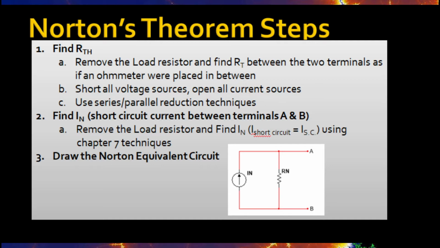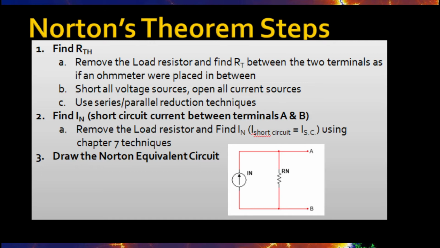It comes in as IN, and it gets split up through the RN branch and the load resistance branch. So there's only 2 branches. You still need to do a series parallel calculation at the end when you're swapping the loads out, but then you can go straight into your current division because you already know what the total current coming into this node is. So that's the goal, and now we are going to switch over to the board.